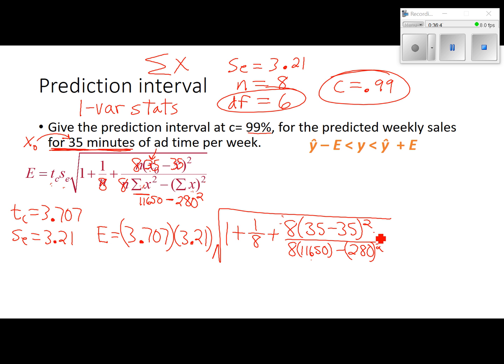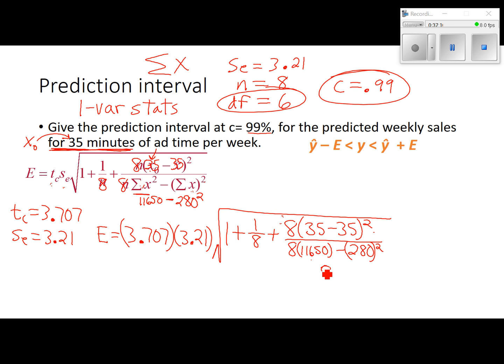But again, I would punch in the top, 35 minus 35, square that, then hit times 8. That gives you the top part there. And then you can try to just hit divided by and put the bottom part in parentheses. You might be better off just to see what it is and write down both of them.